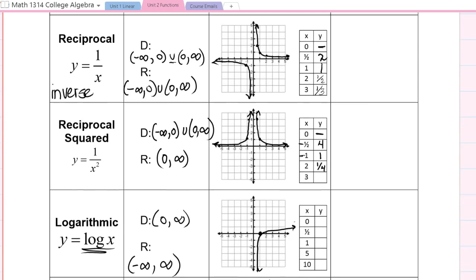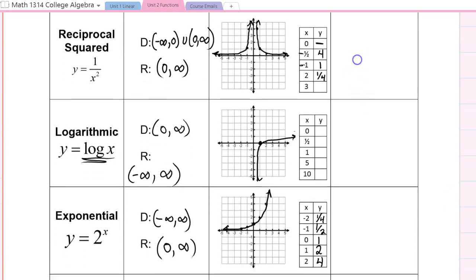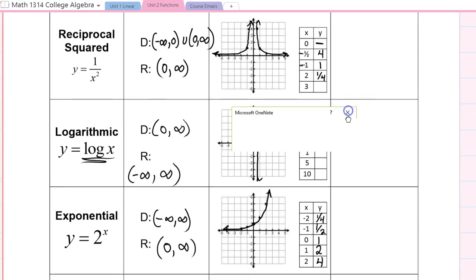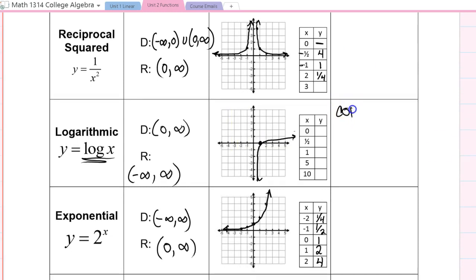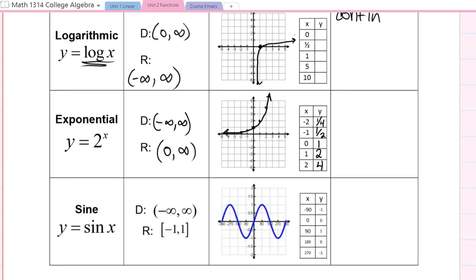Reciprocal is not continuous. The logarithmic is continuous. Exponential is continuous. And the sine wave is also continuous.